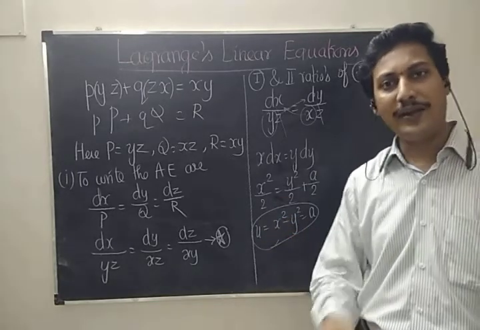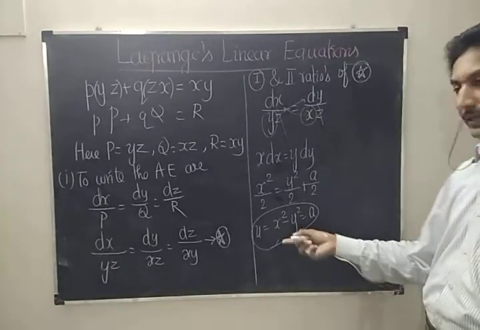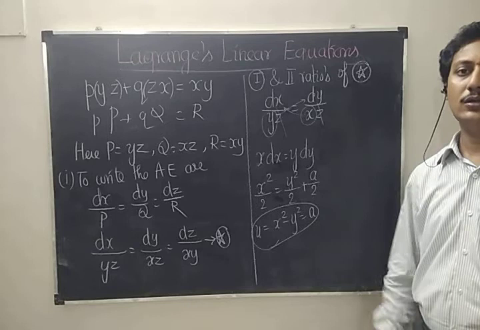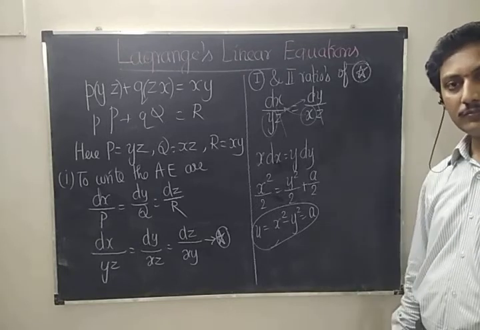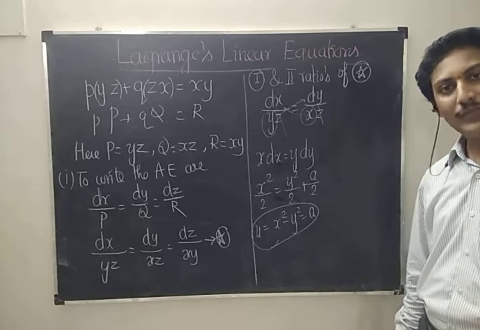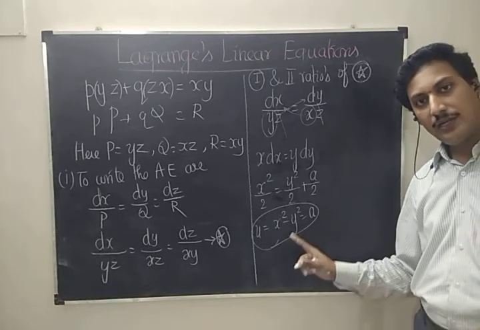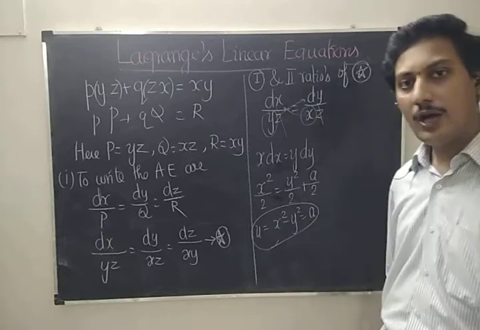So here u is equal to x squared minus y squared is the one solution. In a similar way, let us pick the other two ratios to get the second independent solution, namely v. So how to get that one?